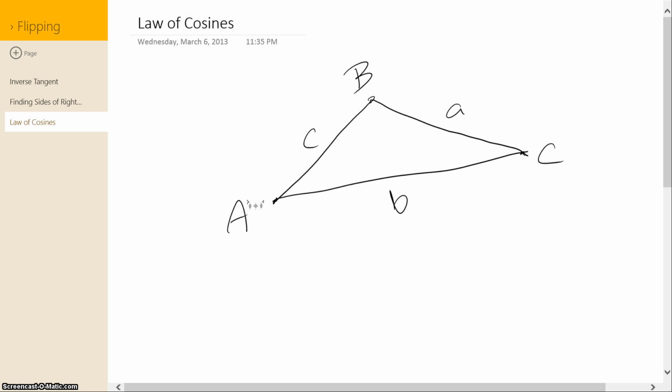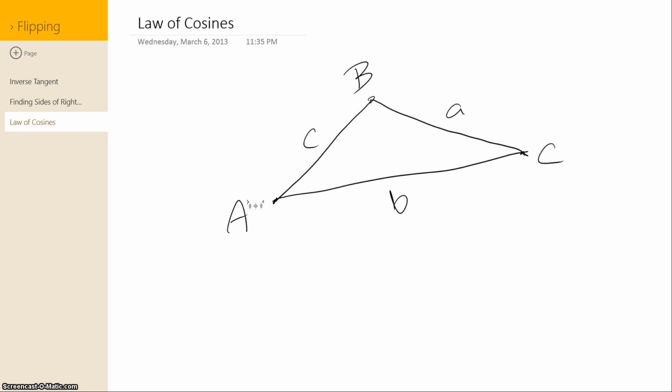Little c is across from big C, little b is across from big B, and little a is across from big A. This is similar to how we set up the law of sines, so this should look kind of familiar. Now the relationship that we've got here is a little bit more tricky than the law of sines, but it's not too bad.